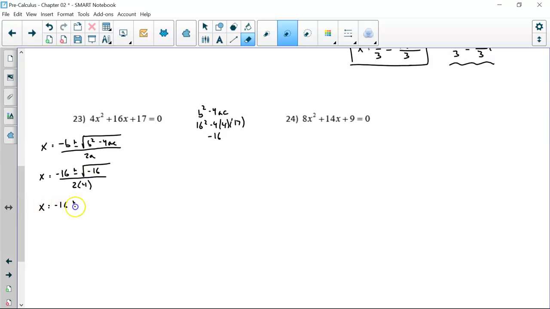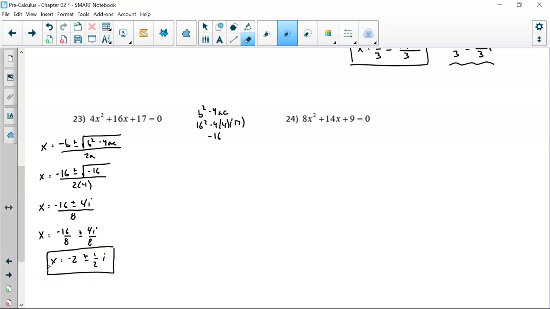Negative 16 plus or minus, now the square root of negative 16, that's 4i, over 8. Split them up: negative 16 over 8 plus or minus 4i over 8. So we end up with x equals negative 2 plus or minus 1/2 i. So it worked out to be not so bad.